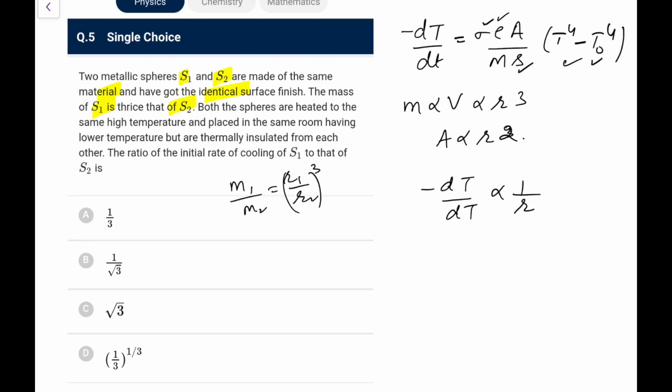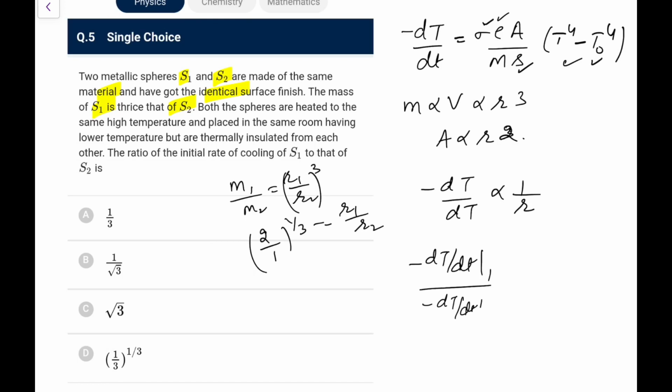So r1 by r2 would be 3 by 1 to the power 1 by 3. So the rate of cooling for S1 to that for S2 would be r2 by r1, that would be 1 upon 3 to the power 1 by 3. Go for option D in this particular case.